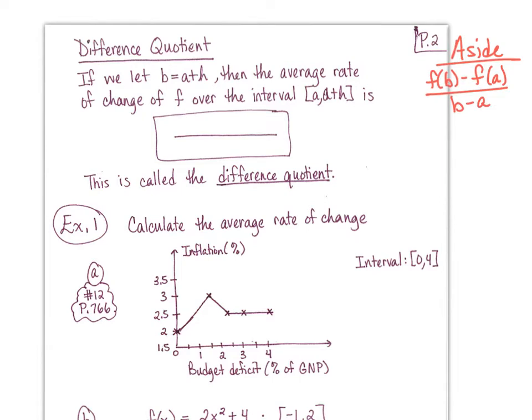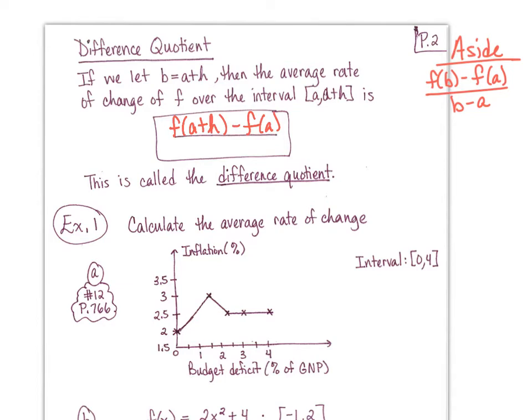So now for the difference quotient, let B be equal to A plus H. Then the average rate of change of F over the closed interval A to A plus H is given by the formula F of A plus H minus F of A all over, if you put in A plus H for B, notice that the A's will cancel out.